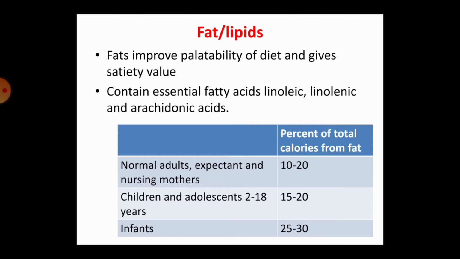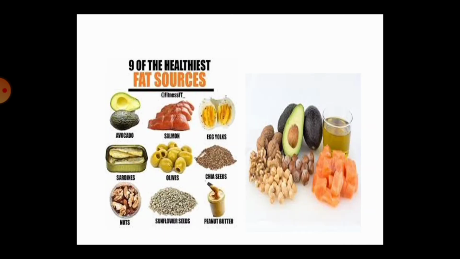For children and adolescents 2 to 18 years, it is 15 to 20. Infants need more fat for brain development and all. Lipids are required more, so it is 25 to 30% of the total calories. So these are the various sources of fat: avocado, salmon, olive oil, sunflower seeds, peanut butter, sardine.